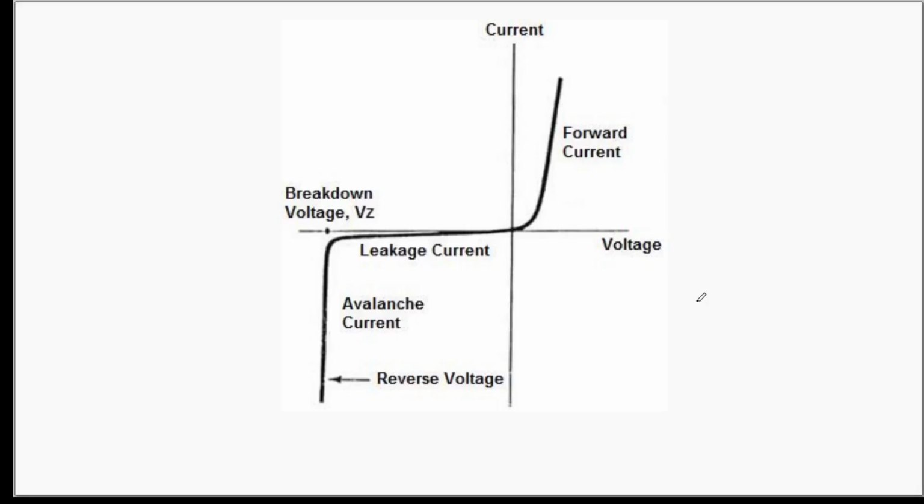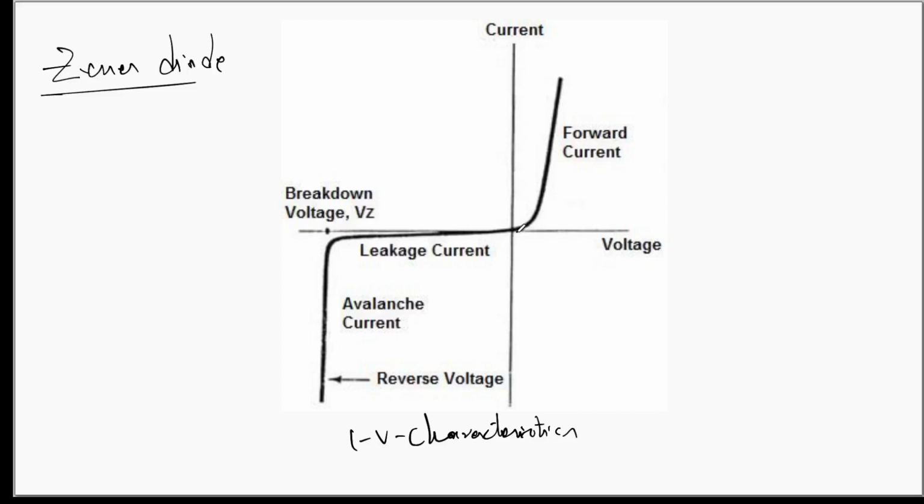Now we shall see the IV characteristic curves of the Zener diode. As said before, the Zener diode will act as an ordinary PN junction diode in the forward bias. In the reverse biasing condition, a very small current flows through the circuit due to the leakage currents.